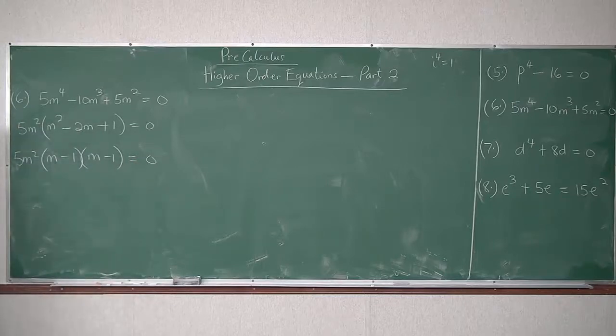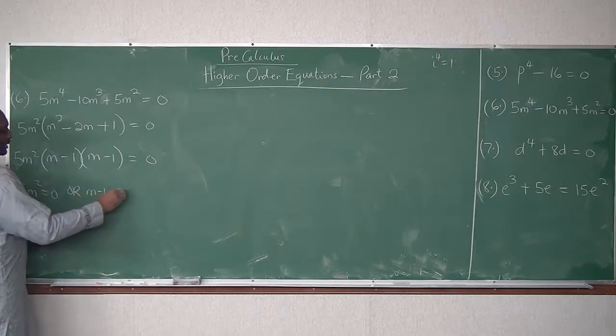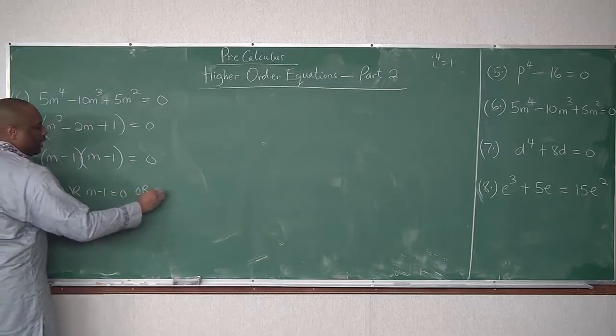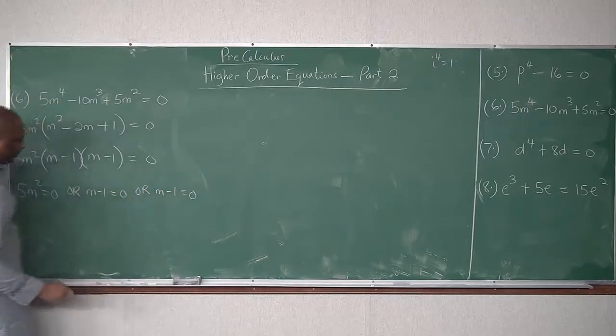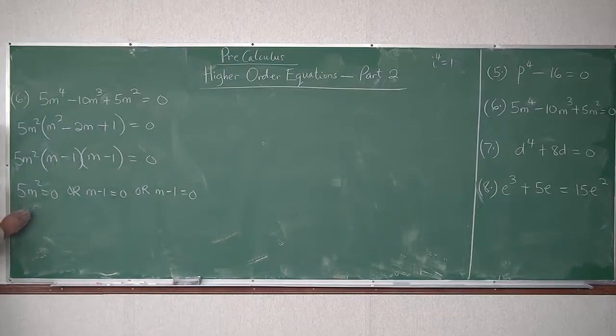So you do zero product property. 5m squared is 0, or m minus 1 is 0, or m minus 1 is 0. Here m squared is 0, so m is 0, but that is twice.